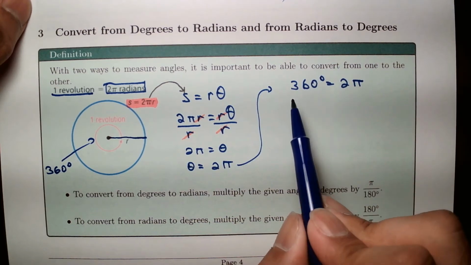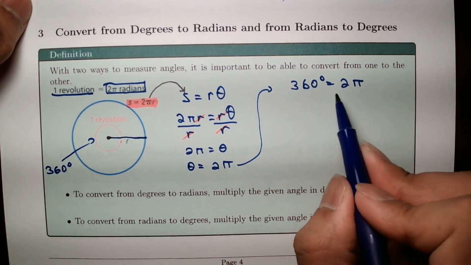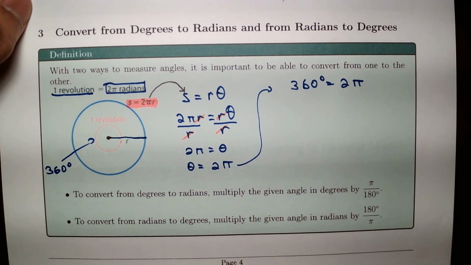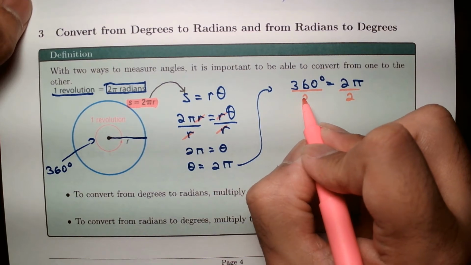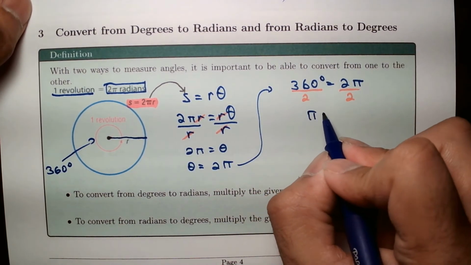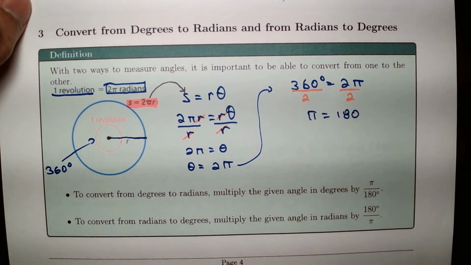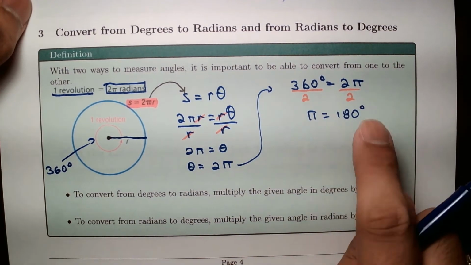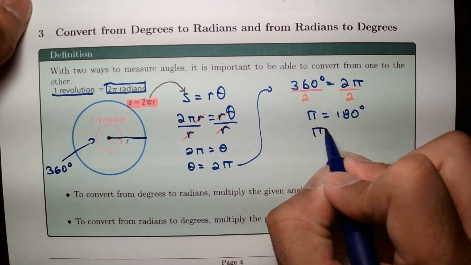Now, if we treat this as an equation, we can further simplify, because on both sides we can divide by 2, and that's going to give us that pi equals 180 degrees.